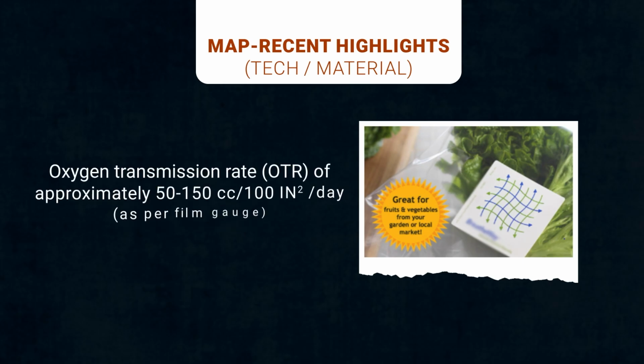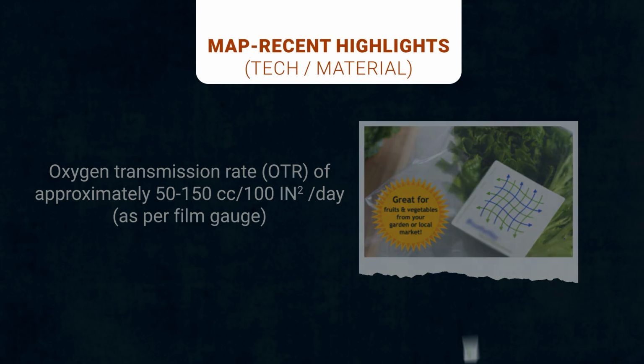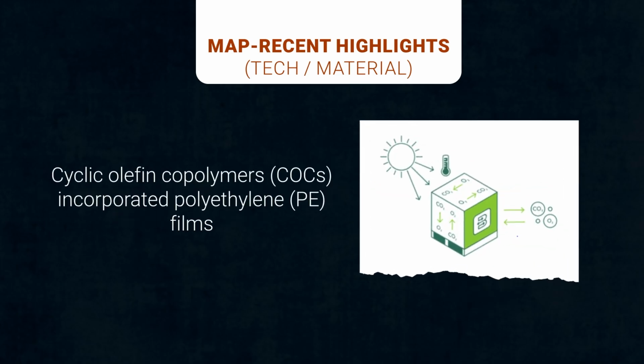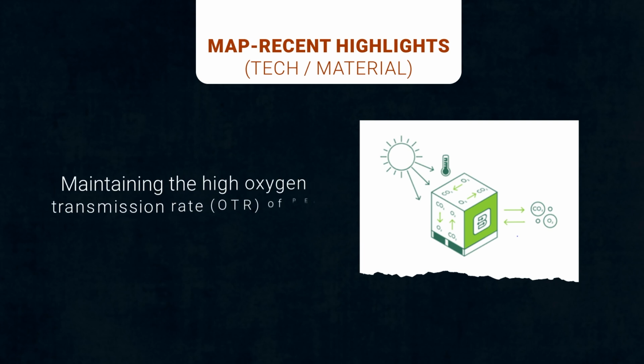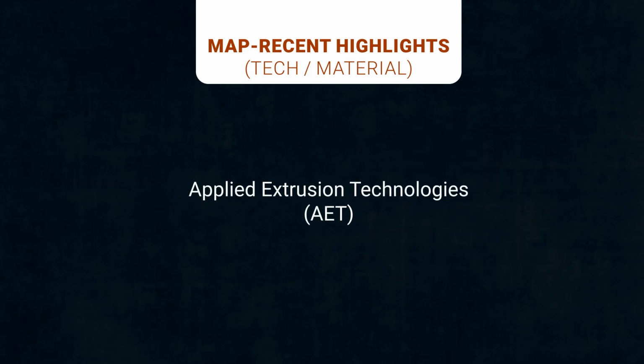They have a good oxygen transmission rate, and cyclic olefin copolymers, if we take that, incorporated in the polyethylene films, can provide a higher stiffness characteristic, particularly to this oriented polypropylene film, and they can maintain better oxygen transmission rate control.